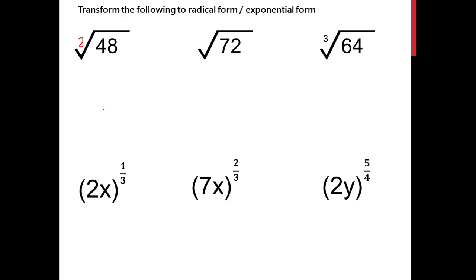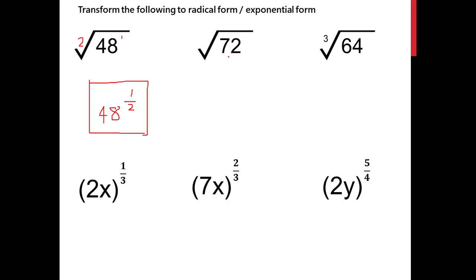Again, the radicand becomes the base. So, in radical form, the exponent here will always be a fraction. Now, the power of our radicand here is 1, so the numerator of our exponent is 1 over its index. So this is the exponential form of the square root of 48.